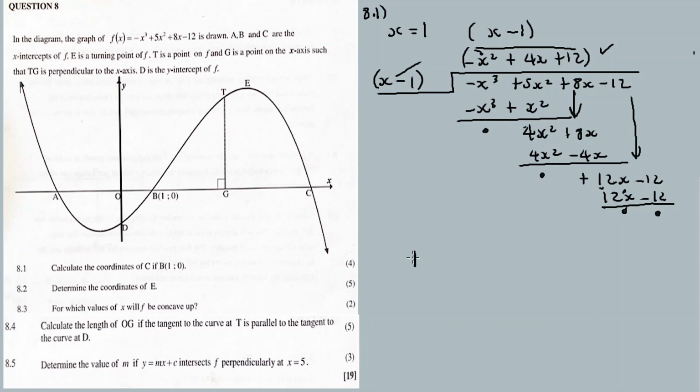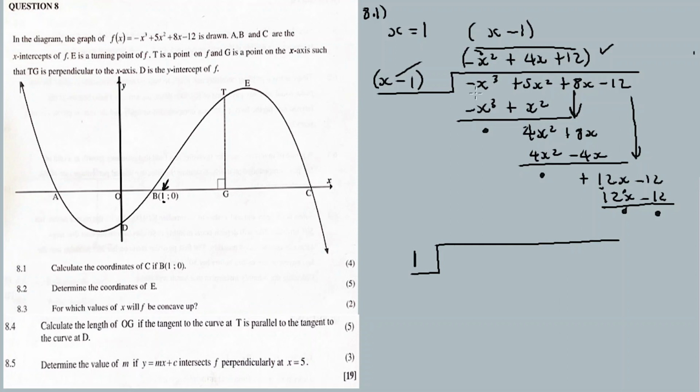We take this 1, which is the x-intercept, or one of the factors given to us, which is x equals 1. We write it here. Then we only focus on the coefficients of the given cubic expression.